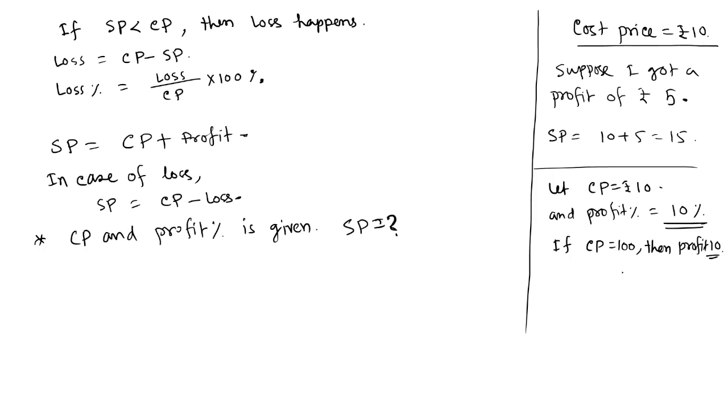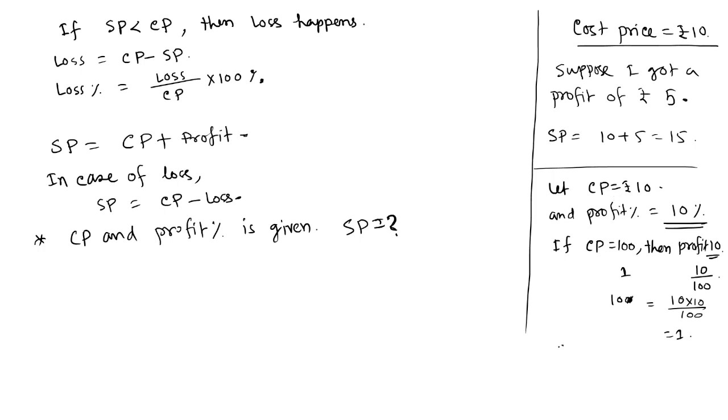By the unitary method, if CP is 1, then the profit is 10 by 100. So, if CP is 10, then it would be 10 into 10 divided by 100. That is 1. Therefore, the actual profit is rupees 1 when we sell at 10% profit.